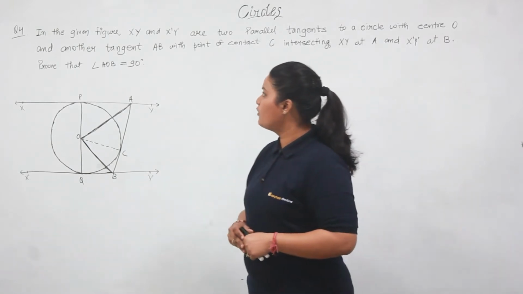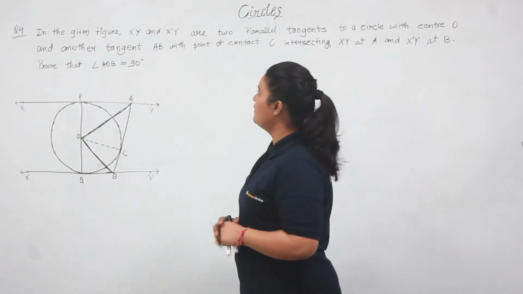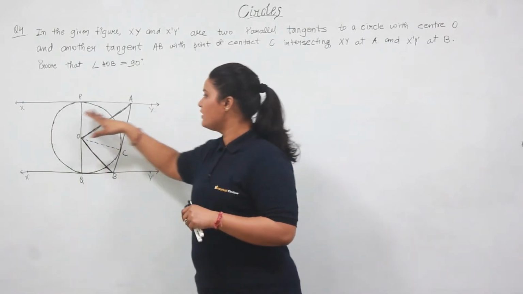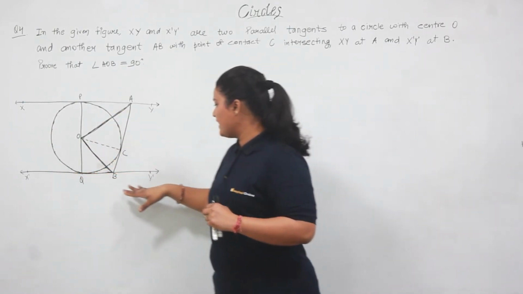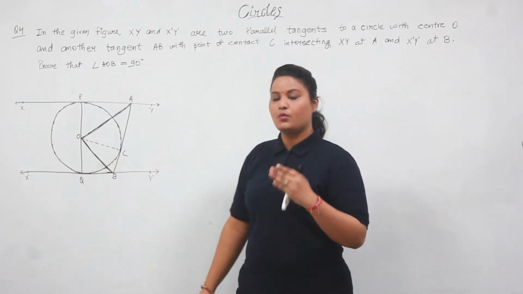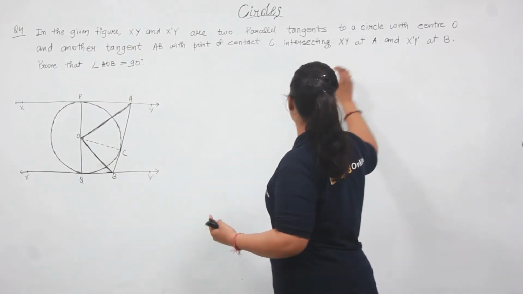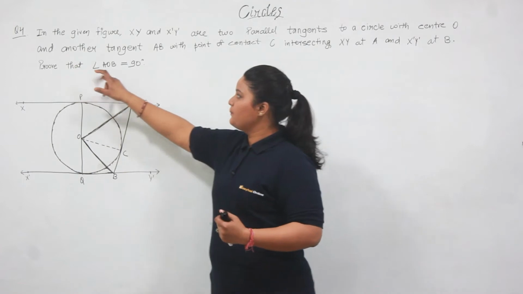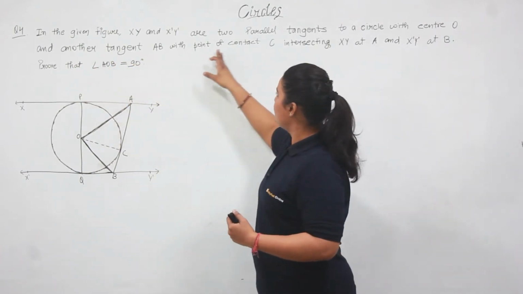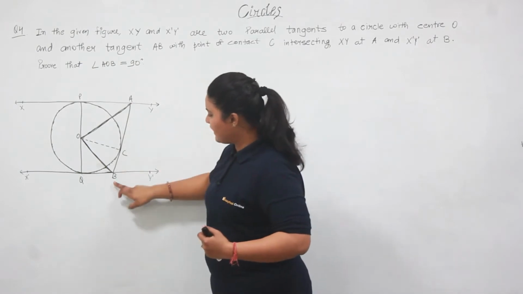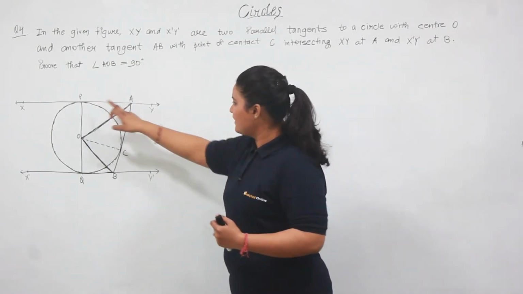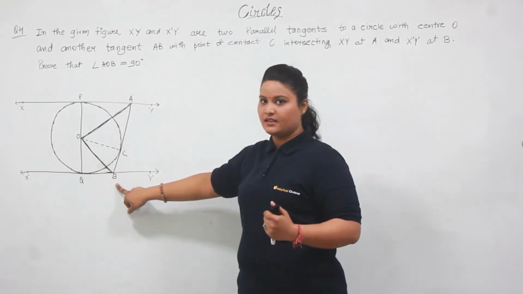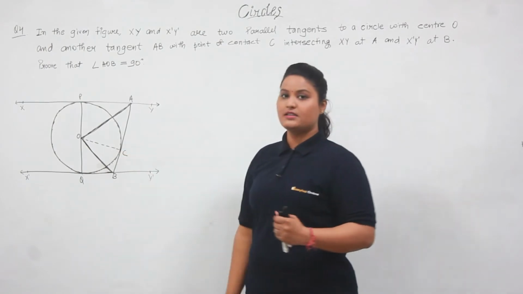In question number 4, it was asking that in the given figure, XY and X'Y' are two parallel tangents to a circle with center O. The center of the circle is named O, and there is another tangent AB with point of contact C. This tangent AB cuts XY at point A and X'Y' at B and touches the circle at point C.